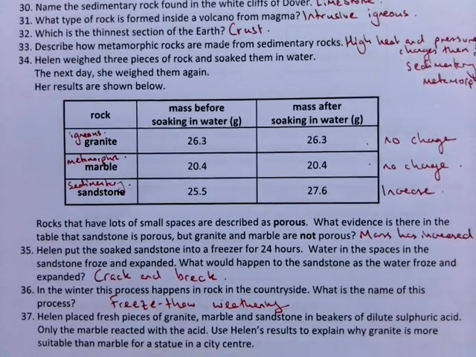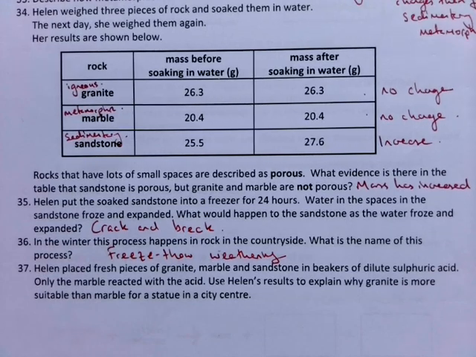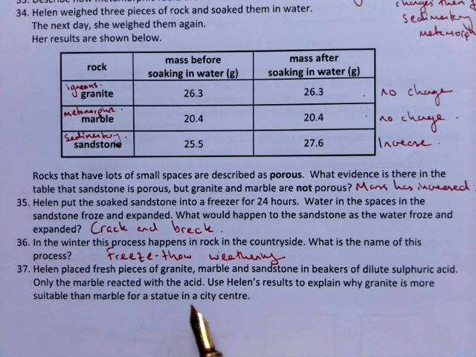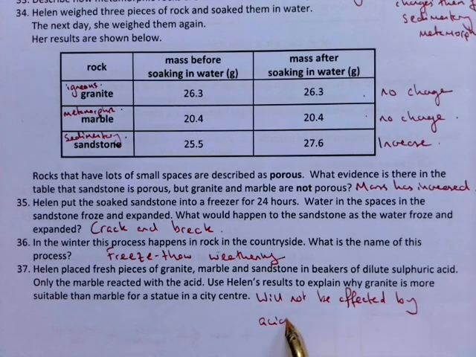Helen placed fresh pieces of granite, marble and sandstone in beakers of dilute sulfuric acid. Only the marble reacted with the acid. Use Helen's results to explain why granite is more suitable than marble for a statue in a city centre. Okay, it will not be affected by acid rain, because that's essentially what's happening here.